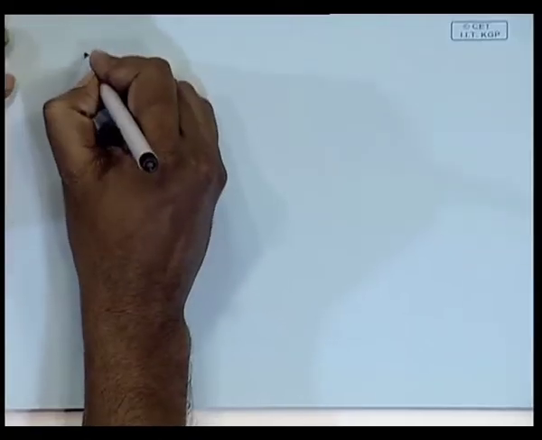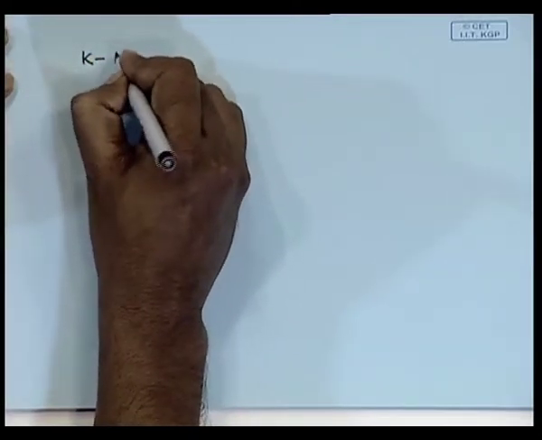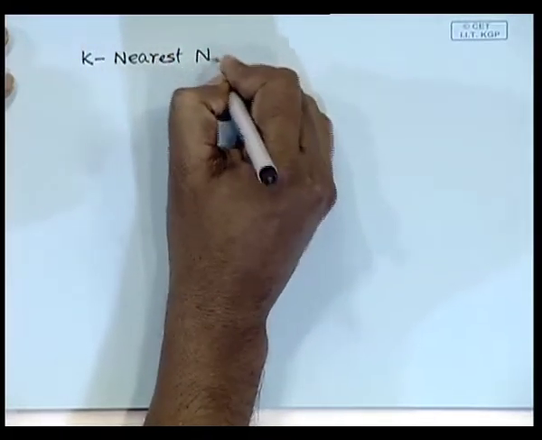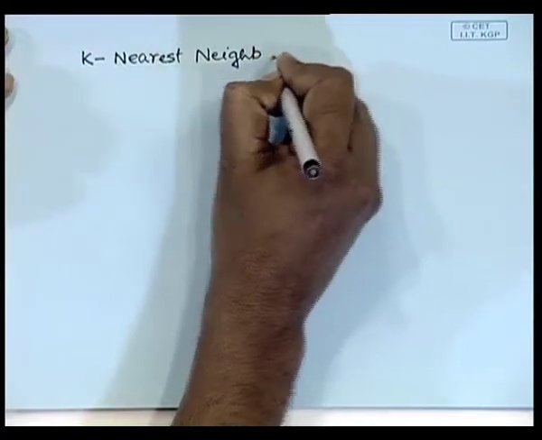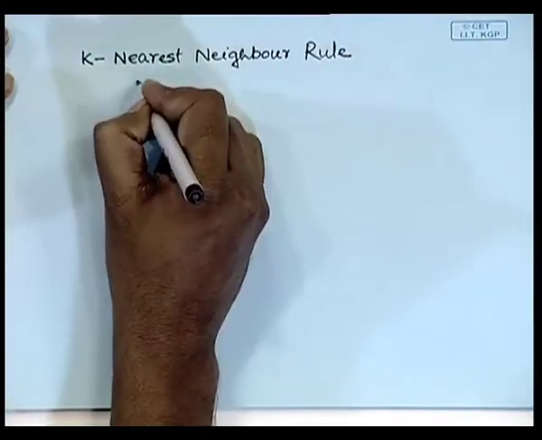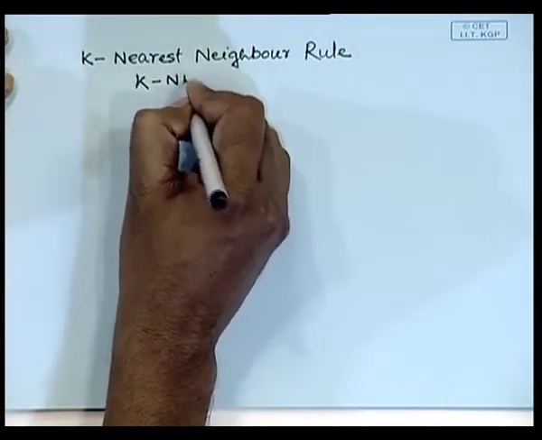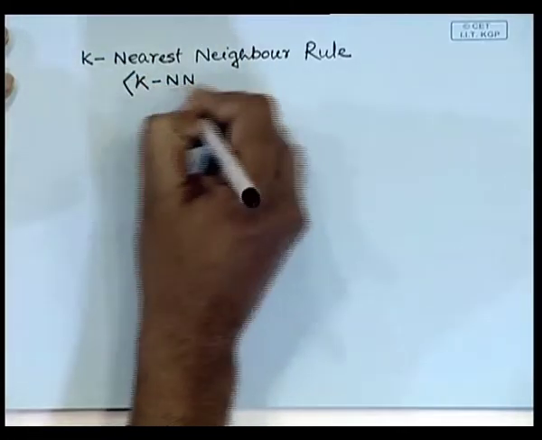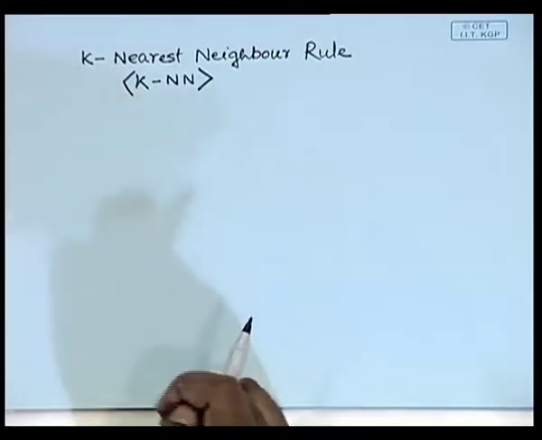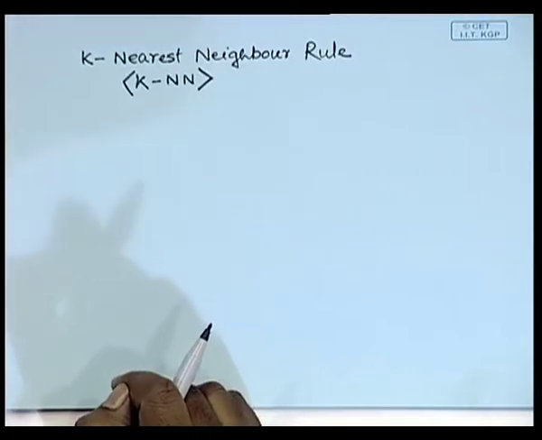Okay. So, accordingly we have a rule which is the k nearest neighbor rule, or k-NN classification. So, over here what you do is, instead of taking a single point which is nearest to the unknown sample, you take k number of training samples which are nearest to the unknown sample.